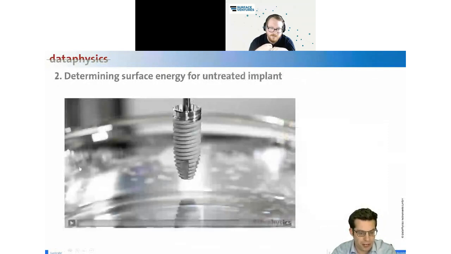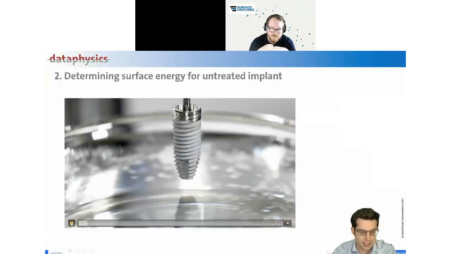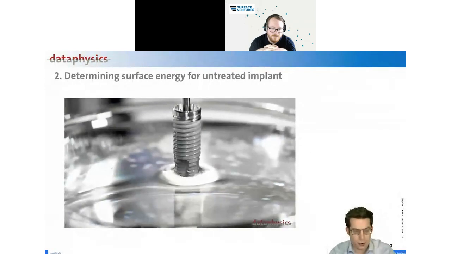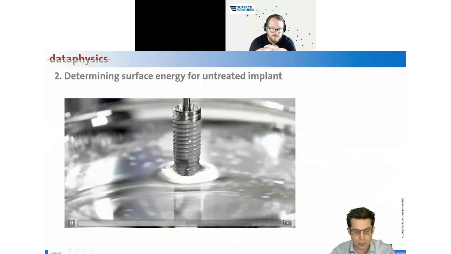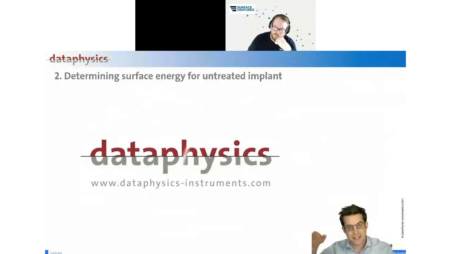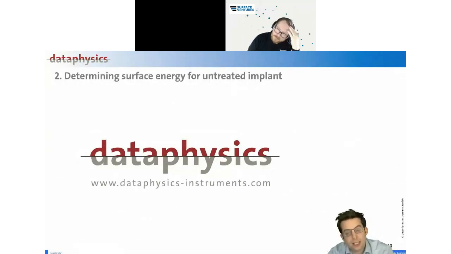Let me go back again, I think this was a little bit fast. Have a look again. It touches the surface and the water runs up like a rocket to the top. And this means when the water goes up so fast, then the mass at the implant is also increasing very fast. And this then leads to the equation only being solvable by imaginary numbers.